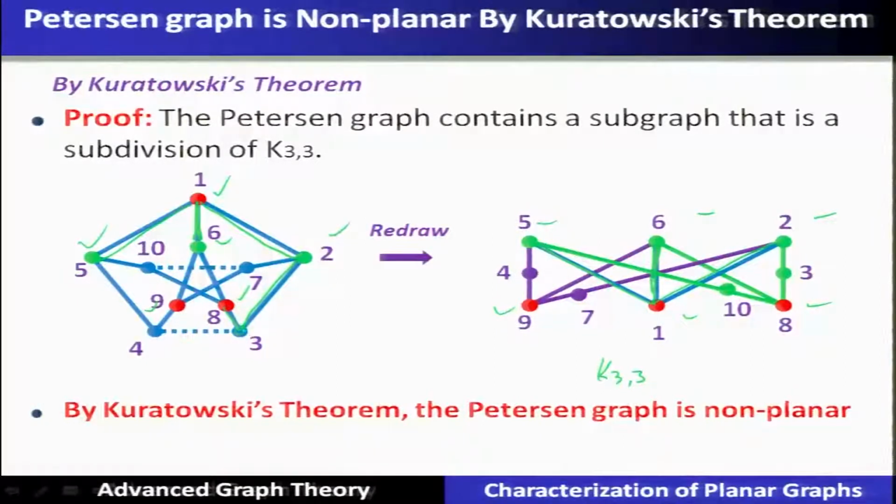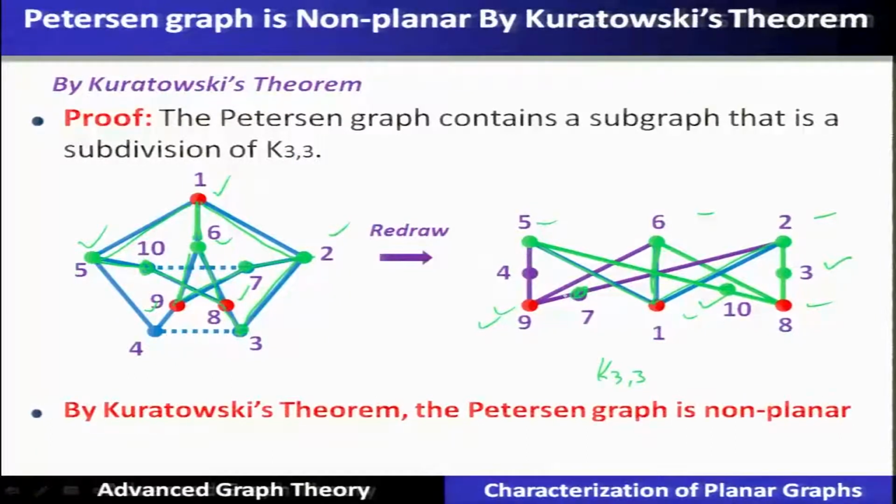there is an edge with 3 as its subdivision. Similarly, 8 and 6 is a direct edge. Then 8 and 5 is having an edge with 10 as its subdivision. Now, 9 and 6 is having a direct edge. Then 9 and 2 is having an edge with 7 as its subdivision.